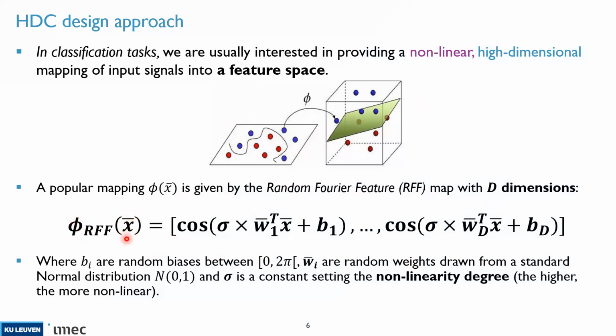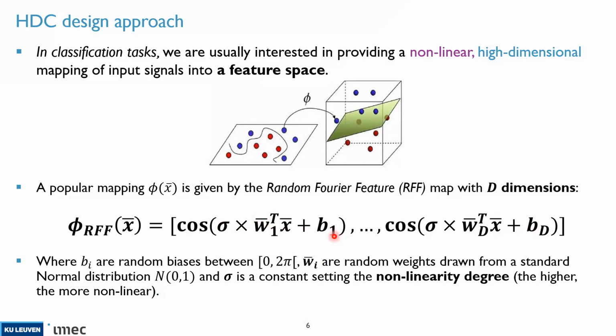Given a certain vector x that you want to project into that higher dimensional space, you would first take the inner product of that vector x with a certain weight vector, w. Then you would multiply by a certain constant sigma, that I will explain later, and add a certain bias b. And you do that for d components. You see that we have the weights and biases from 1 to d.